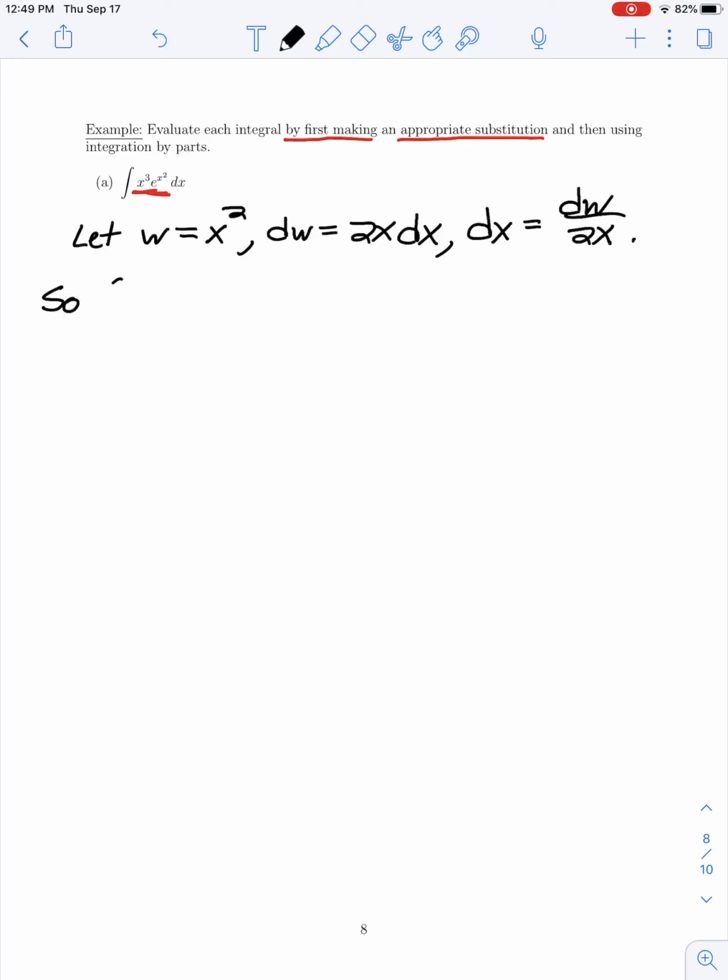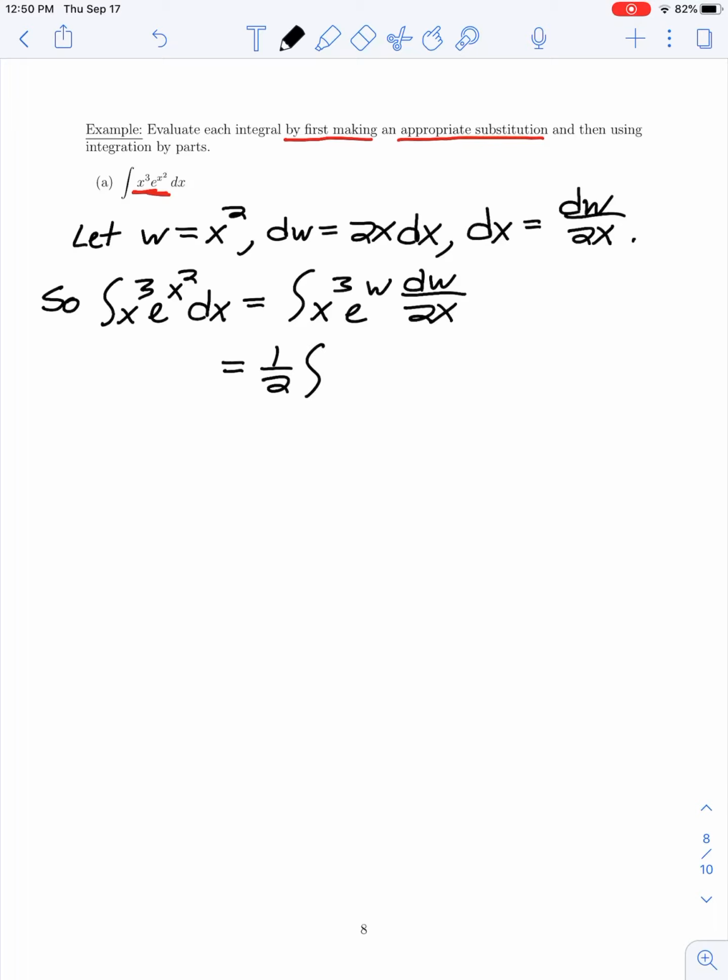So rewriting our integral in terms of w, I would have the integral of x cubed times e to the w, and then dx, which was dw over 2x. Simplifying a little bit, I can pull out a constant of 1/2, and then I have an x cubed divided by x.